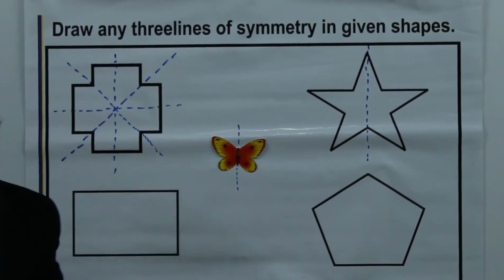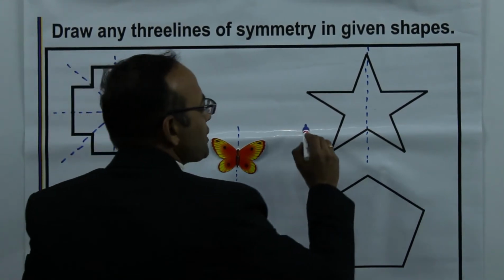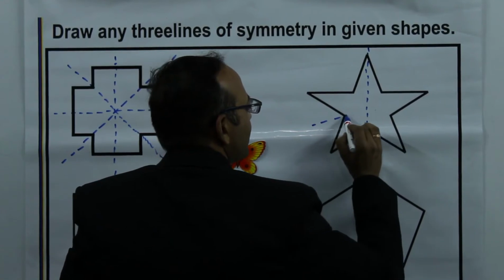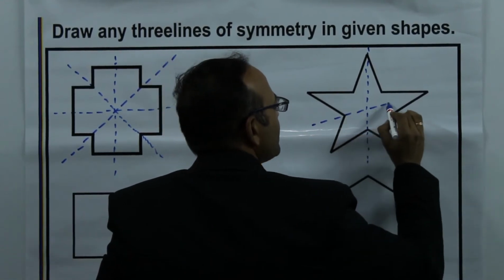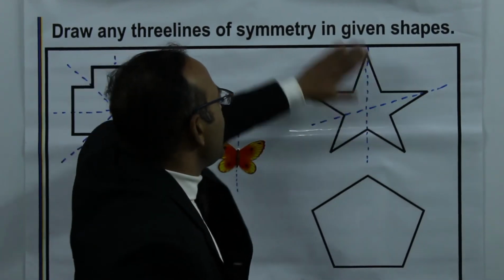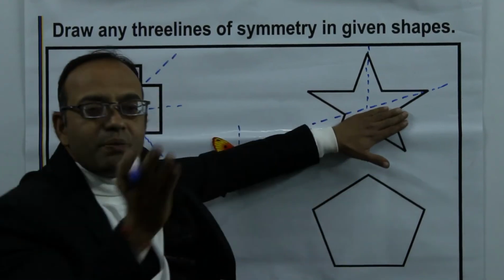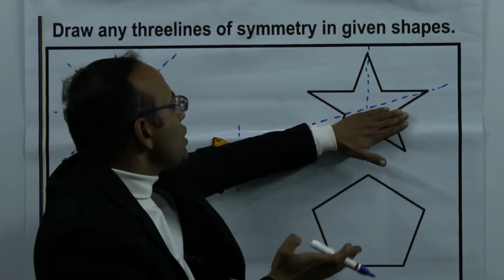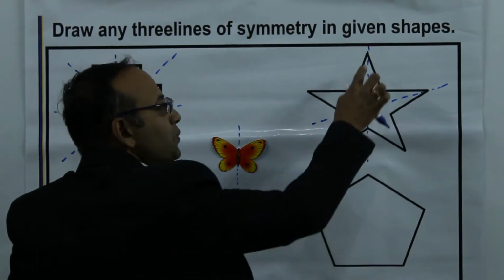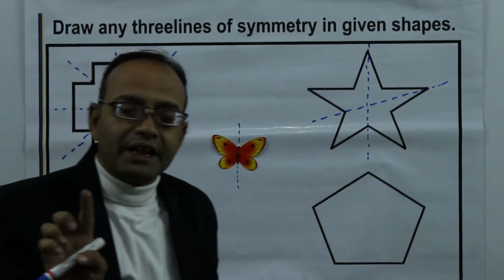One more line we can draw. How is it possible? Look at here. This line is also a line of symmetry because this line divides this figure into two equal parts. So here are one and two lines of symmetry.